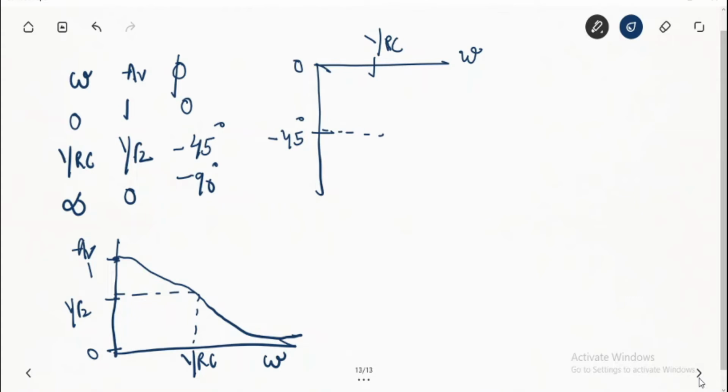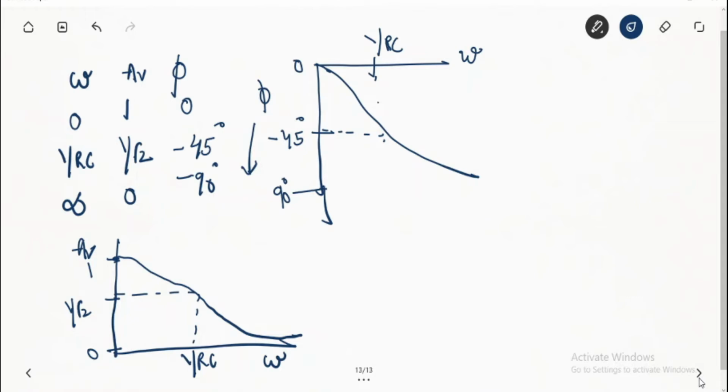I'm making it in the negative direction because my phi is negative, this is my phi around the y-axis, and there you have omega.